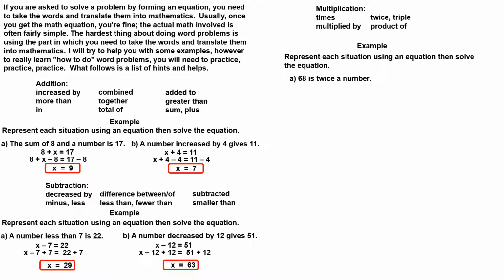The keyword twice tells us that we must multiply the two quantities. A number multiplied by 7 yields 91. The keyword multiplied by tells us that we must multiply the two quantities.